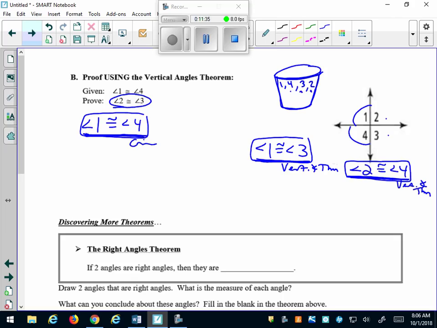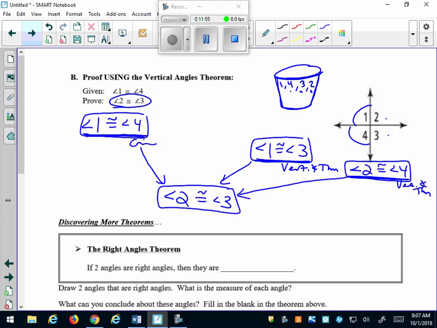Yeah, because they're in the same bucket. So we could go straight to saying angle 2 is congruent to angle 3 using all 3 of these statements and the transitive property of congruence.